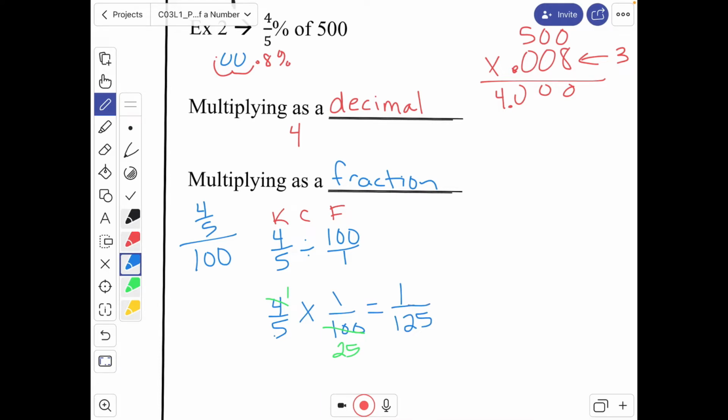So really, 4/5% is equal to 1 over 125. We still have to multiply times the 500 though. So we have 1 over 125 times 500. And we need to put a 1 under there.